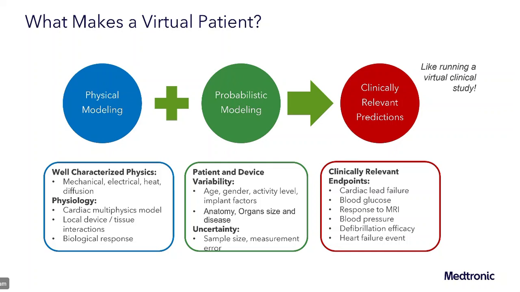So in this case, which Adam will discuss, we were going to talk about our cardiac pacemaker leads or defibrillation leads and their failure rates. So you have to bring it all the way to a point where you can literally simulate a survival curve of those virtual patients. Same with blood pressure or glucose values.